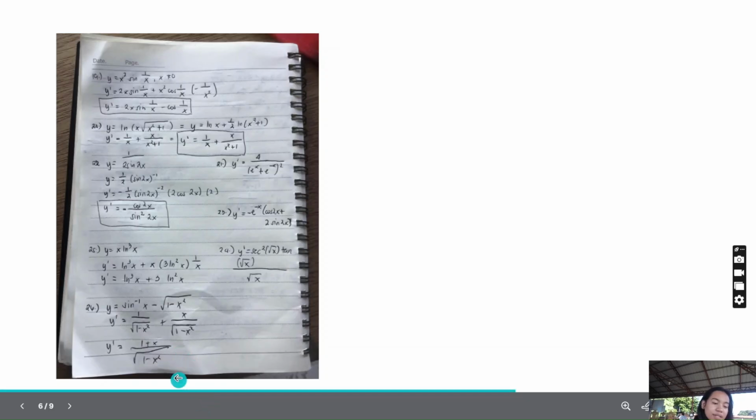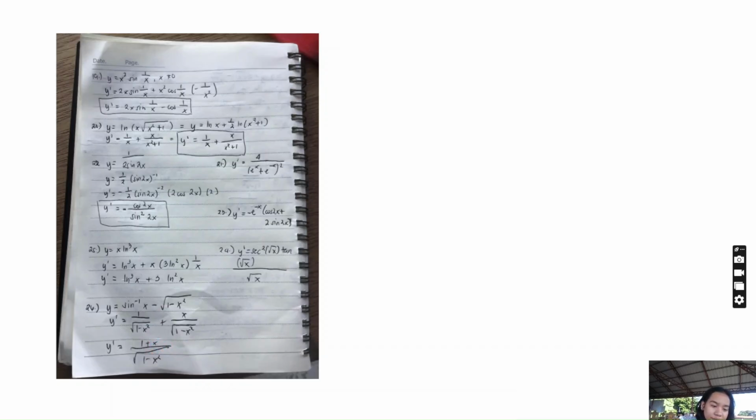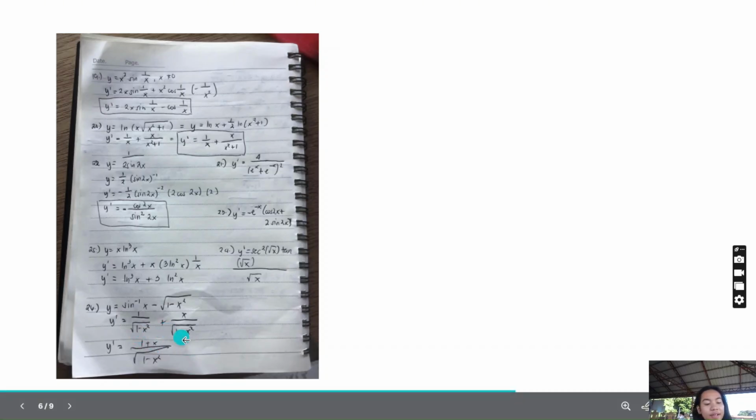So now this is simply applying the product rule. And therefore, we have obtained the answer y prime equals 1 plus x over the square root of 1 minus x squared. Since we just have the same denominator for this one, we can combine them all together into one fraction, and then we will just add 1 plus x as its numerator.